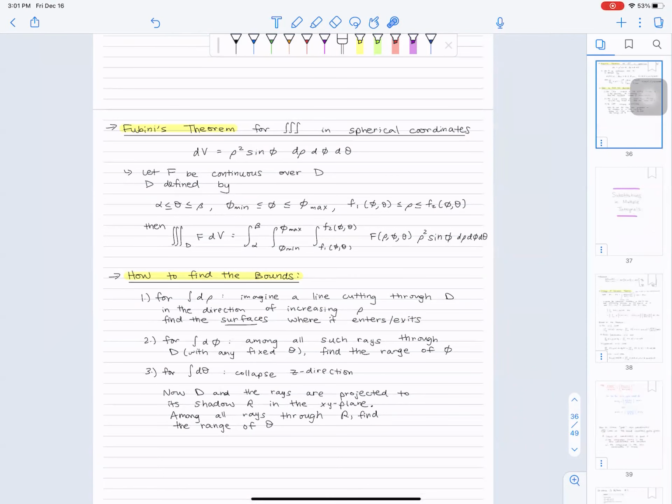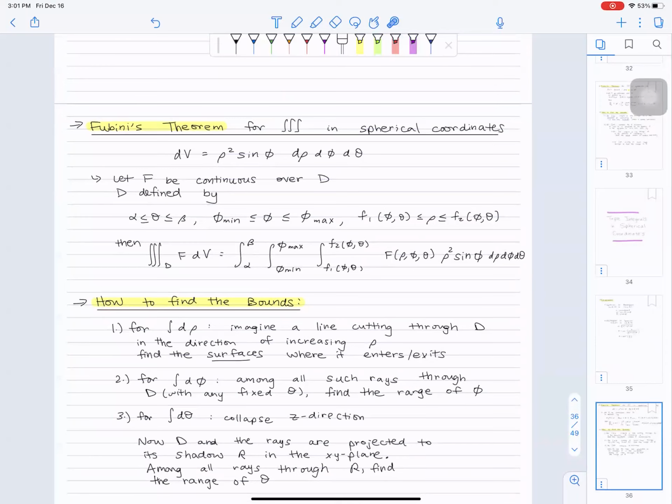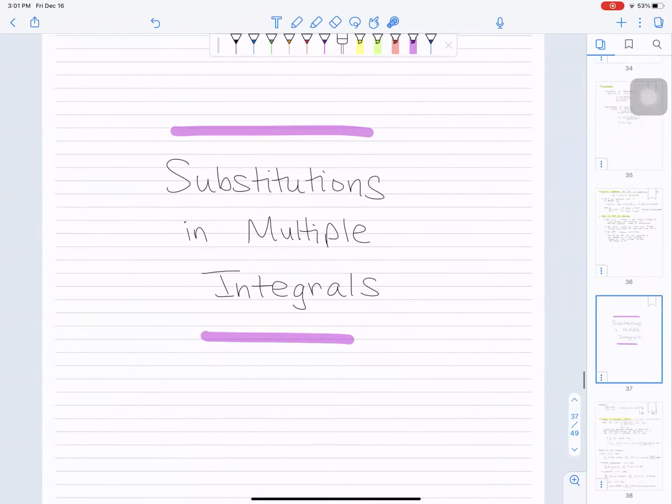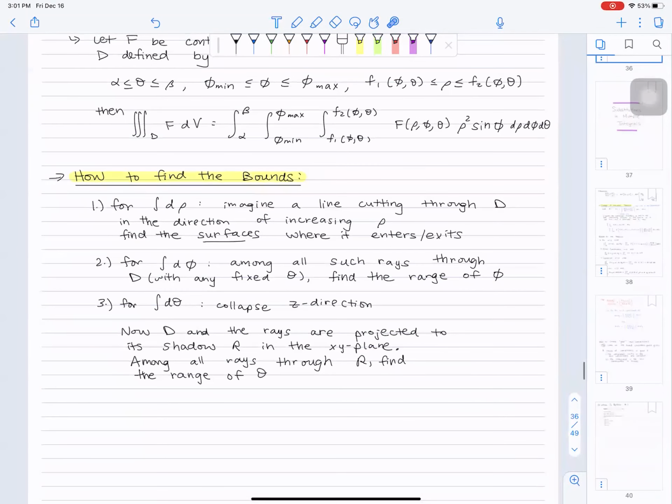I have a question. Are we going to review how to find the bounds for those change of coordinates? I didn't include any examples, so I did not.